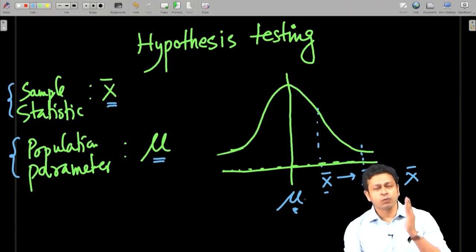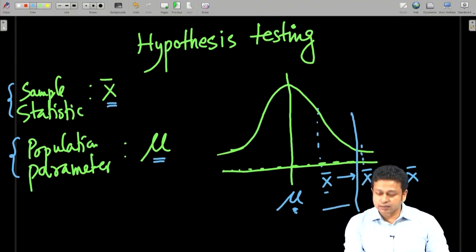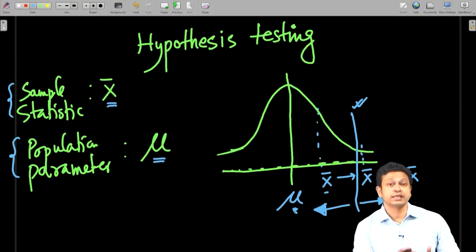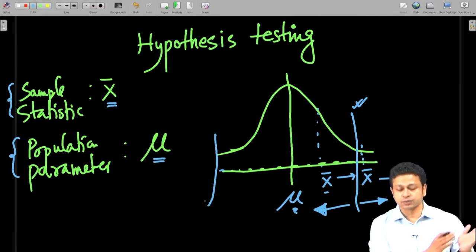If it is to the left of this bar, then I can say that x bar is representing mu. But if x bar goes here on the right side of the bar, then I can say that perhaps x bar is not representing mu, right. And the same is true if I take a two-tail test.